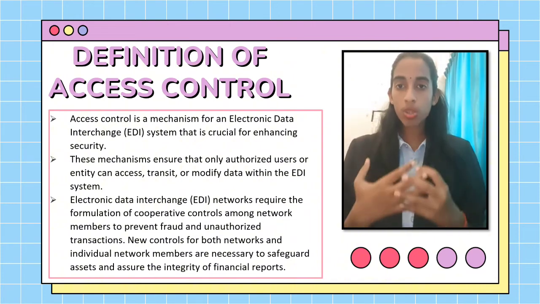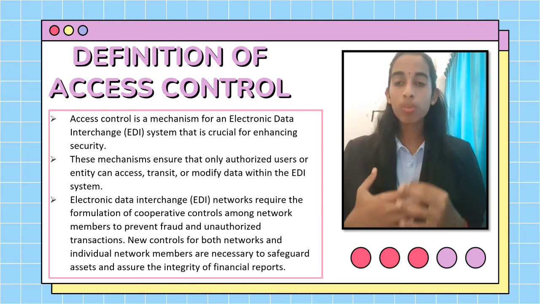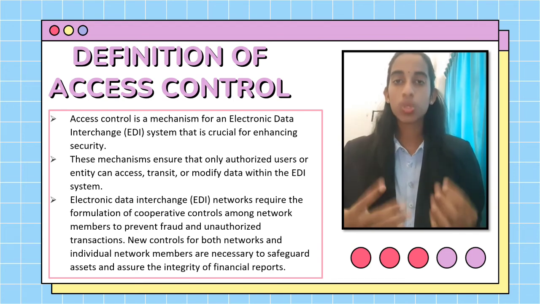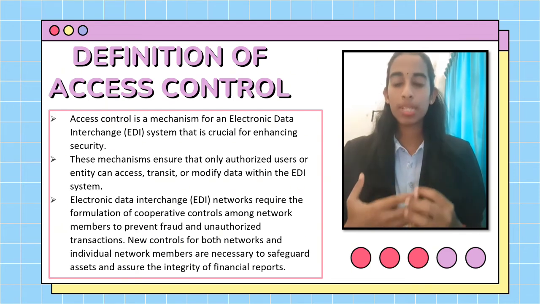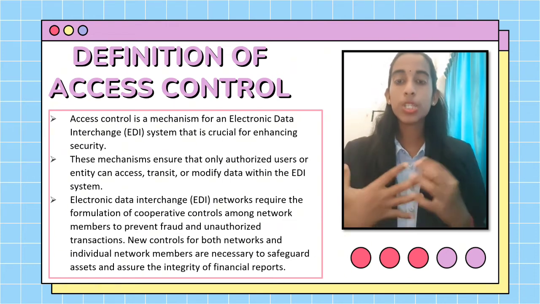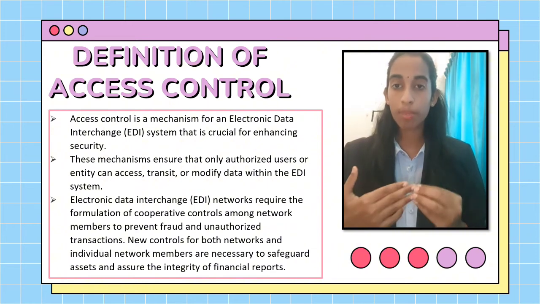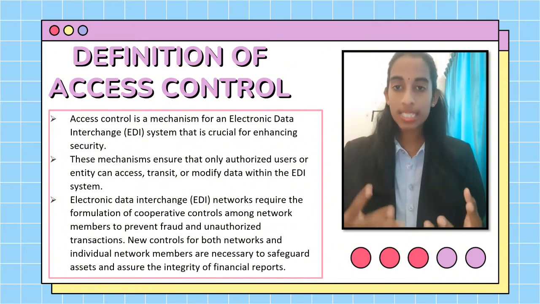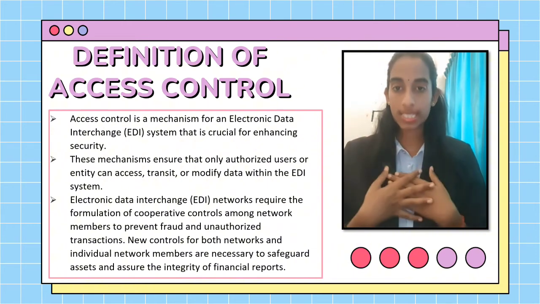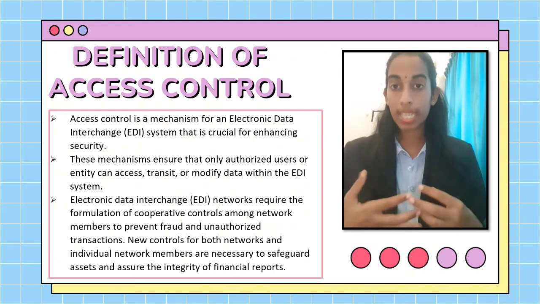Furthermore, electronic data interchange is a network that requires the formulation of cooperative control among network members to prevent, first of all, fraud and unauthorized transactions. Then, new controls for both the network and individual network members are necessary to safeguard our assets and ensure the integrity of the financial reports that they make from that.